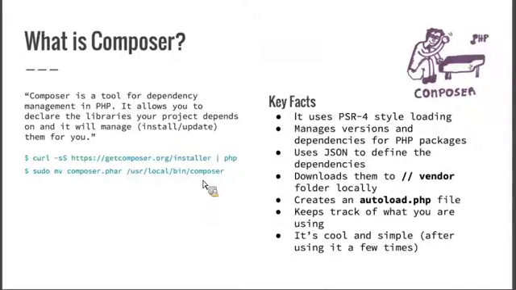So if you publish something built with composer.json and everything related to that, people can make sure that when they deploy that application, they will use the exact versions they should. And finally, it's cool and simple. Well, after using it a few times, of course, because documentation is not that great, but there are a lot of good examples out there. And also, we already built that for you on the Claw side.